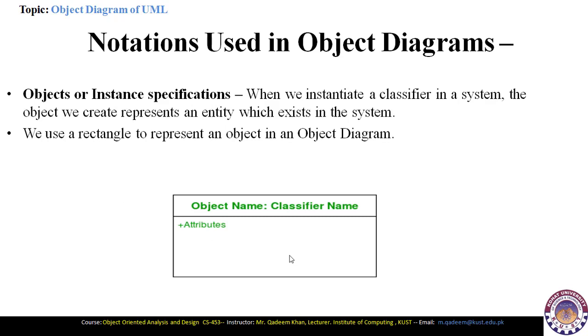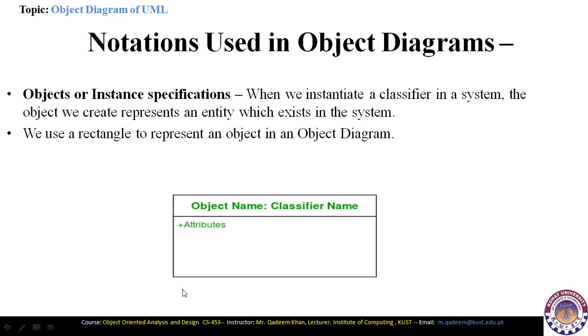Now we are explaining the different notations that are used in the object diagram. First one, objects are instance specifications. When we instantiate a classifier in a system, then we create the objects, which represent an entity that exists in the system.